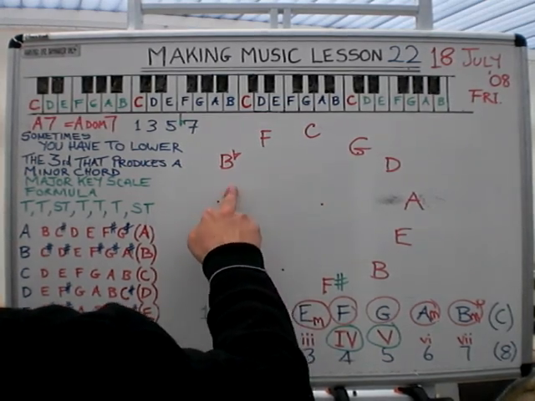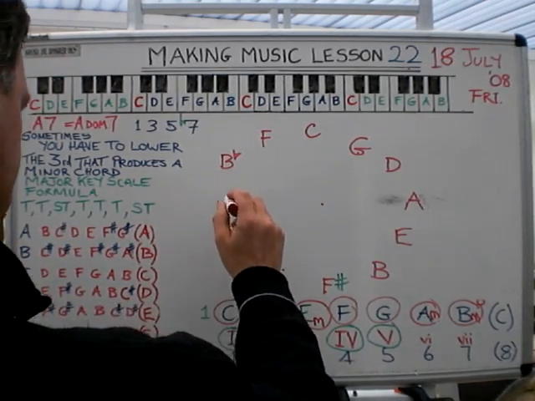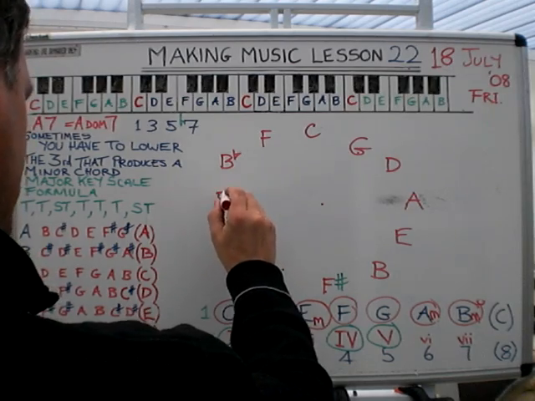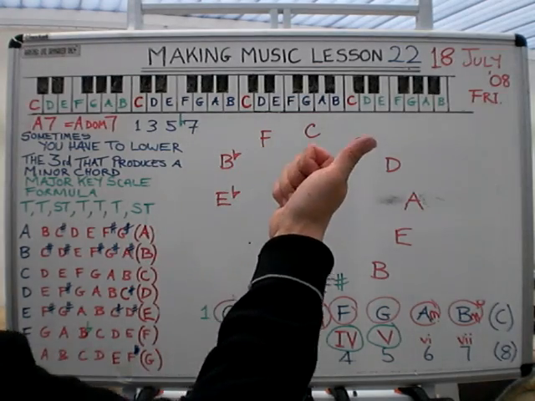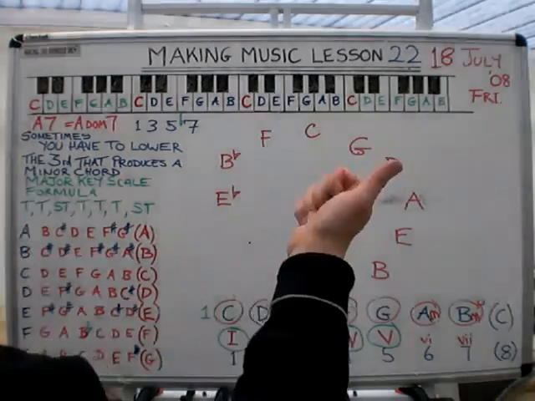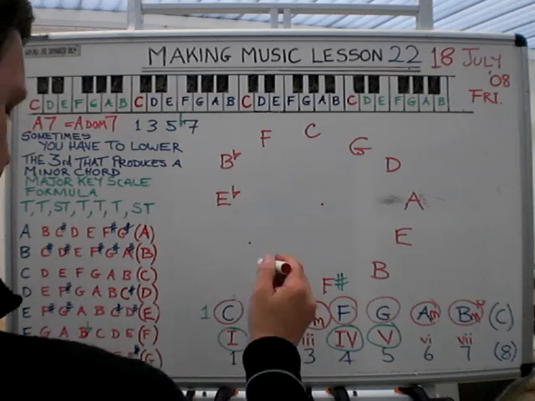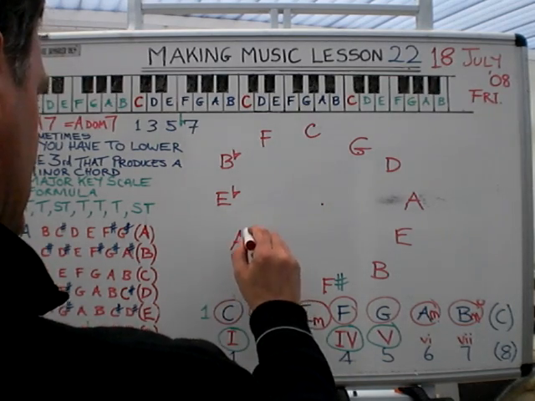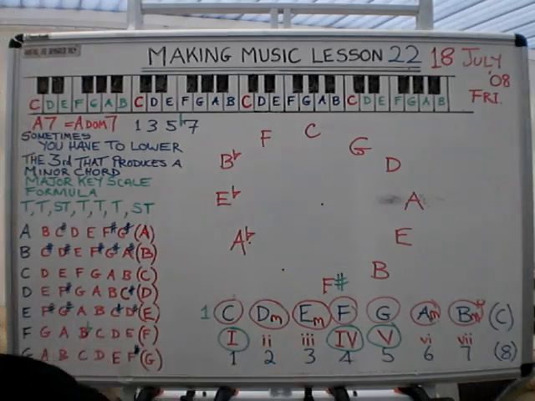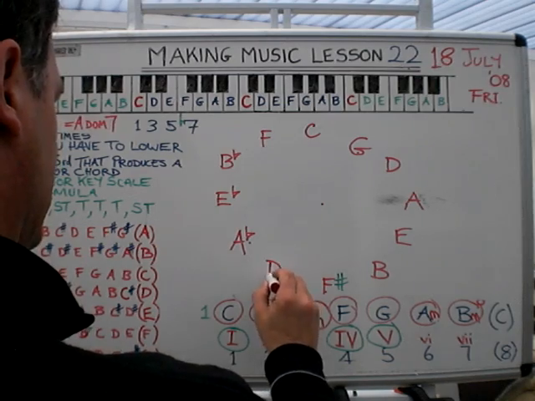What we've done there, I've done something wrong there. We needed to put E there, beg your pardon, it's E flat there. So A, B, C, D, E, E, F, G, A, put A here, A flat, just put it as A flat, and A, B, C, D, D flat, I want to put D flat there.